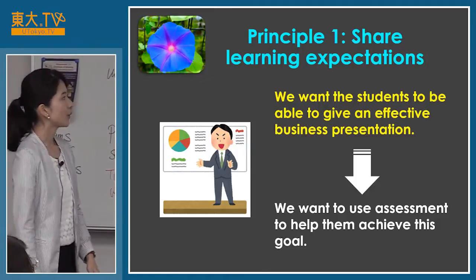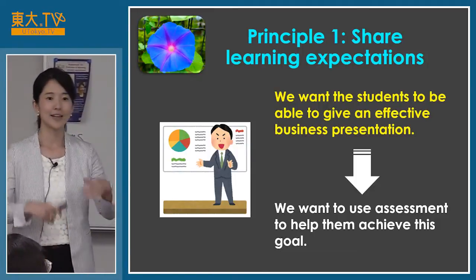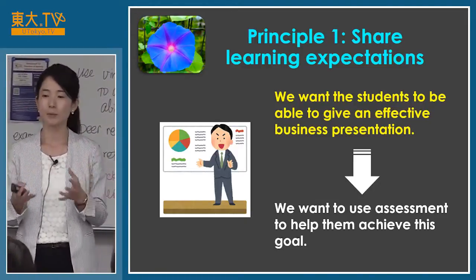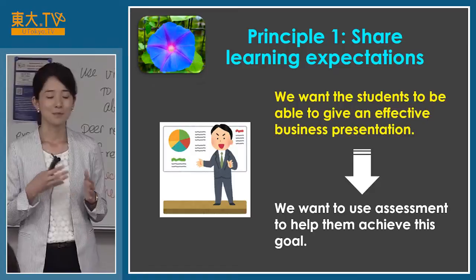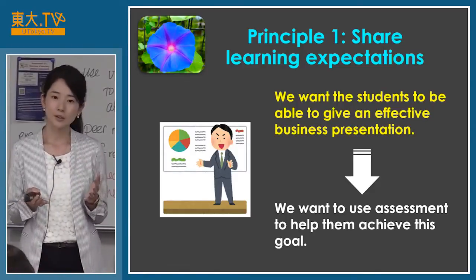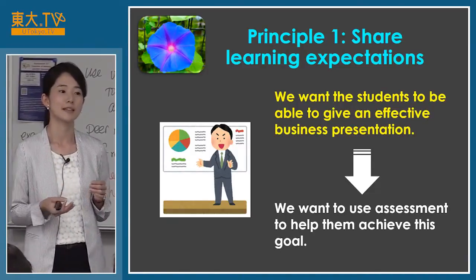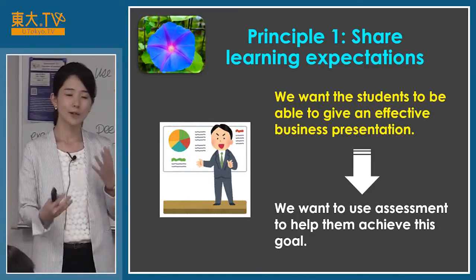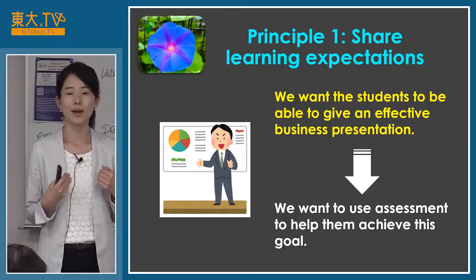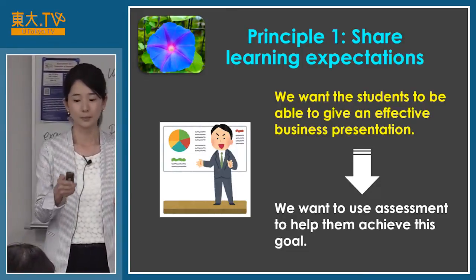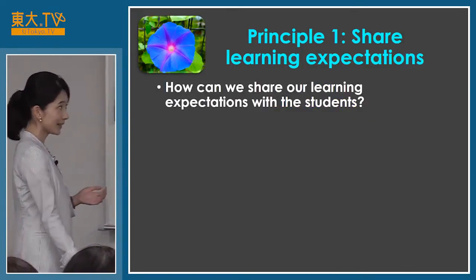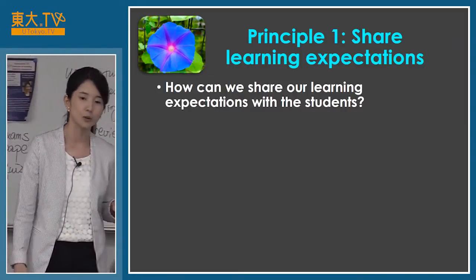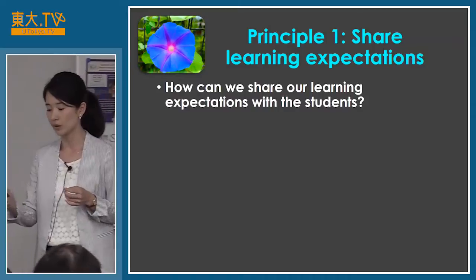As experts, we know what makes a good presentation. There are a lot of things to pay attention to, but it's not necessarily the case that students share that same understanding. So we want to tell the students what we know and what we expect them to be able to do. So how can we share our learning expectations with the students? How do we share with the students what we expect them to do?